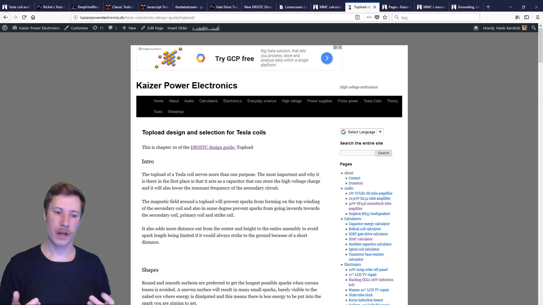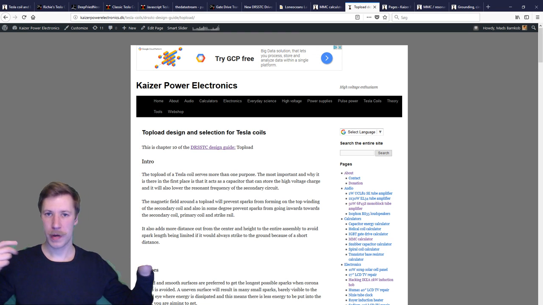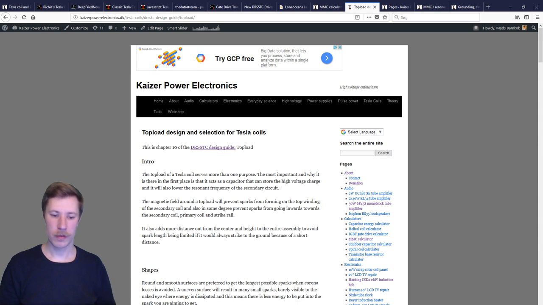It will also prevent racing sparks on your secondary coil. It will, in a way, push your sparks away from itself, as the same polarity that you have on your top load is what your sparks are coming from. So it will not try to seek back to itself. So this is also why it helps push sparks away from your coil.